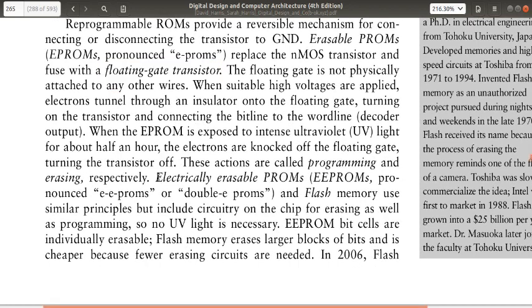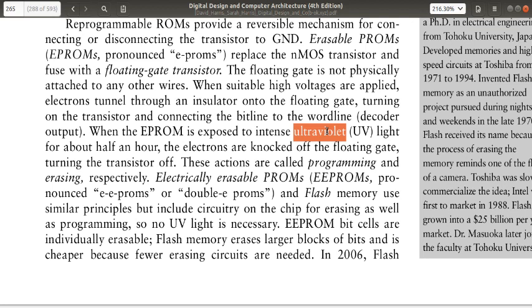And the next one is the electrically erasable PROMs, that is EEPROM, right? So with this, you didn't need a machine emitting ultraviolet rays or anything. You could program it electrically or electronically, let's say.